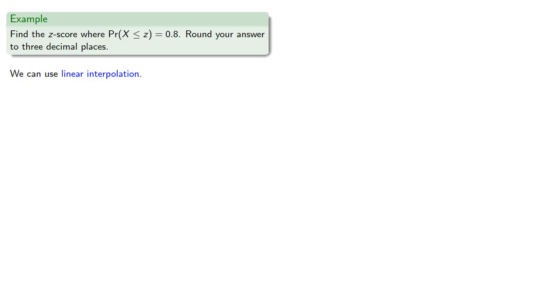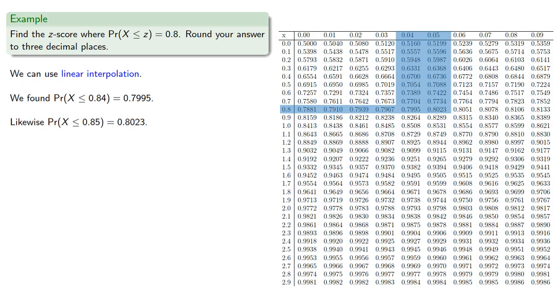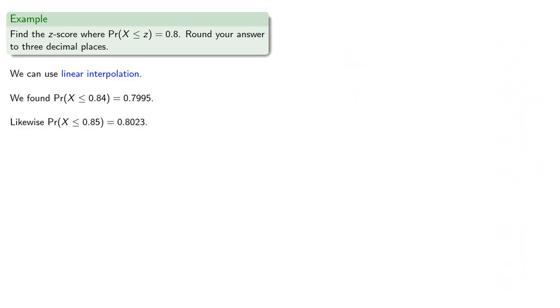This works as follows. The 2 closest z-scores were 0.84, which gave us probability 0.7995, and 0.85, which gave us probability 0.8023. So what we want to do is look at the ratio of the change in the z-score to the change in the probability.